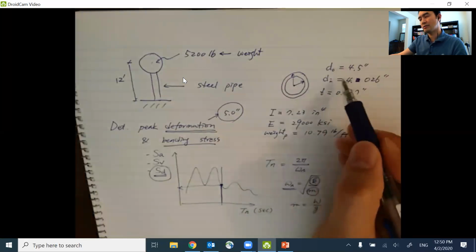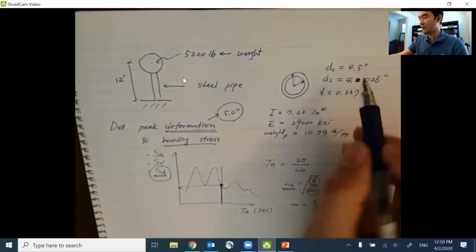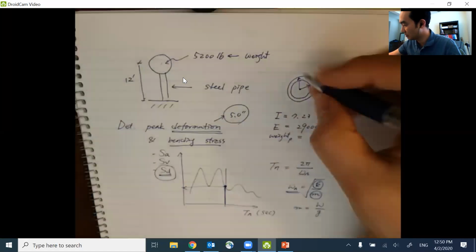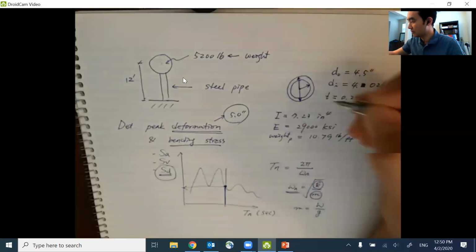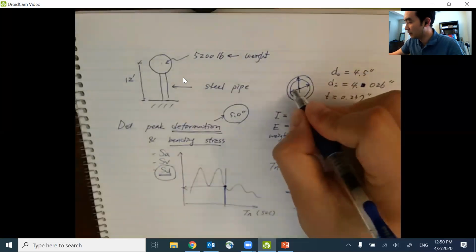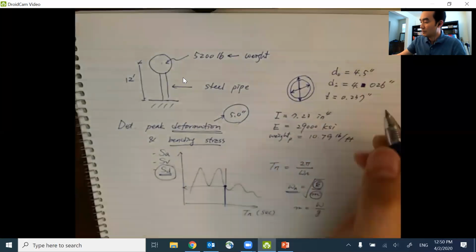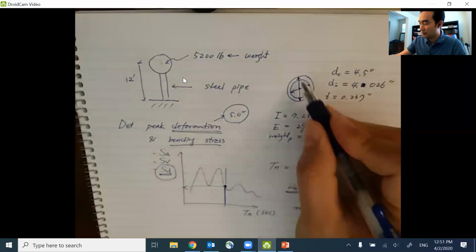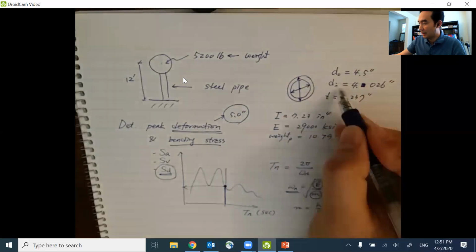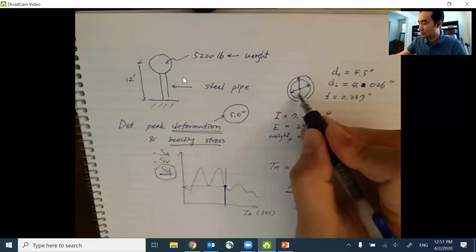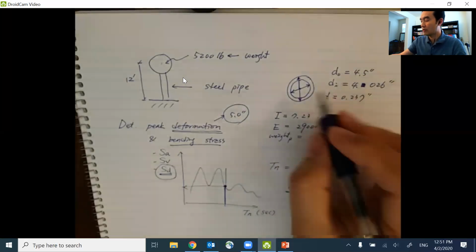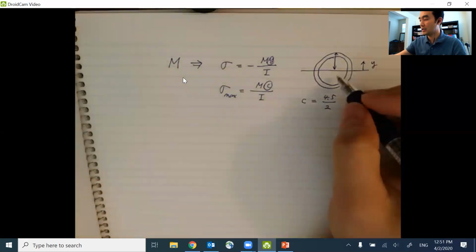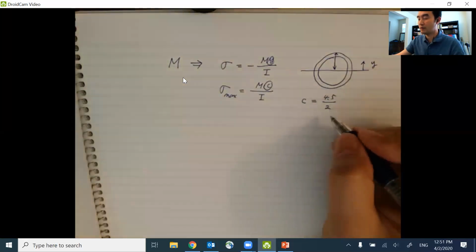Did I mention the radius or diameter? I don't remember, but these are the diameters. That's why I use DO. So this is the outer diameter and the inner diameter. Sorry about that. DO is going to be 4.5 inches, that is the outer diameter, and DI, 4.026 inches, is the inner diameter. So the outer radius, which is going to be the maximum value of y, the c, is going to be 4.5 divided by 2.